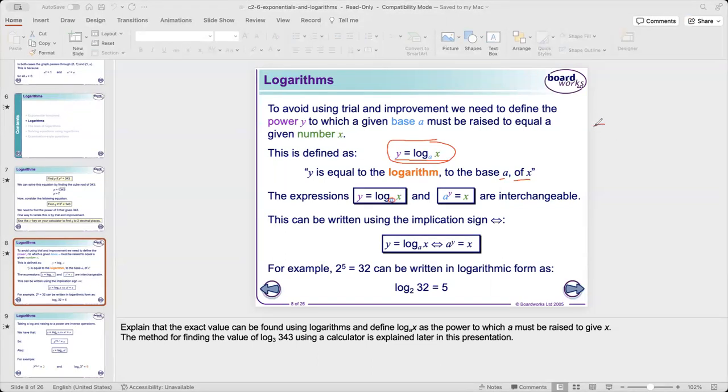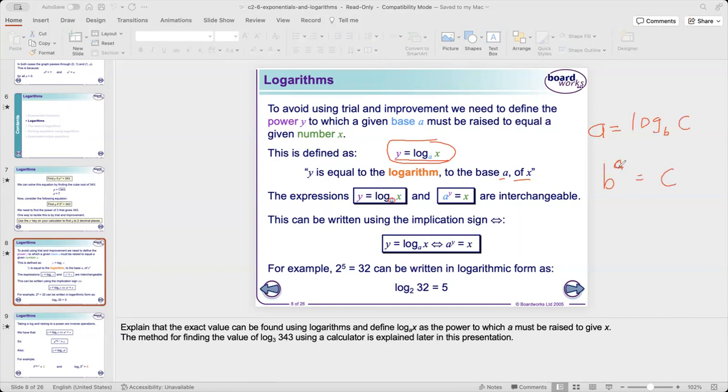So if you have a equals log b c, just put b to the power of a, and it will be equal to c.